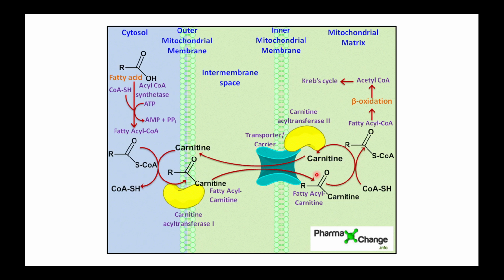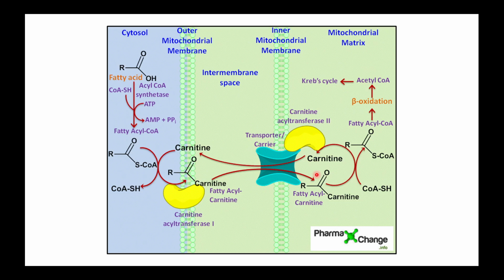That fatty acyl carnitine will be transported via translocase protein or transporter protein. That translocation of fatty acyl carnitine to the mitochondrial matrix will occur, and then another acyl transferase, that is carnitine acyl transferase 2, will convert the fatty acyl carnitine to fatty acyl coenzyme A, and free carnitine will be released.